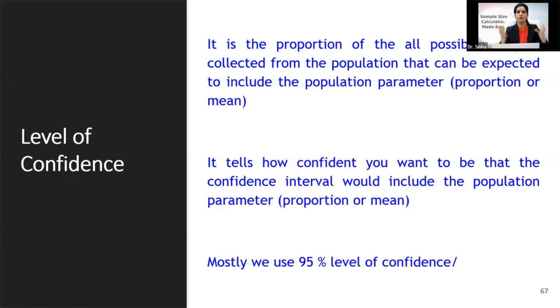From a population, you withdraw many samples, and the level of confidence tells you how confident you are that the samples withdrawn from that population will have the population parameter in that interval. Mostly we use the 95% level of confidence. That means we are 95% confident that the population parameter will lie between those two margins. We will see this shortly in an example.